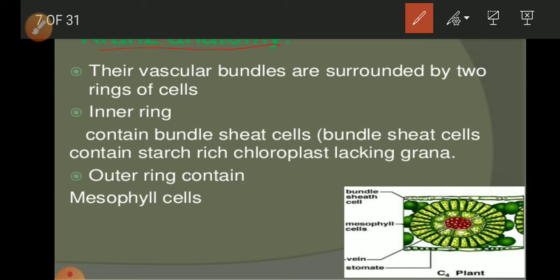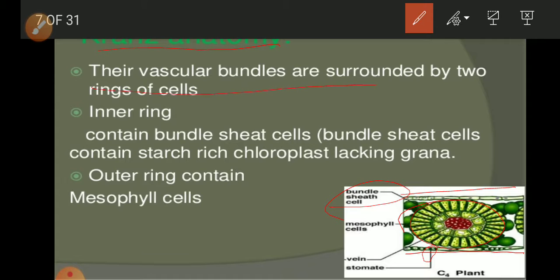Here you can see in the diagram the lower epidermis and upper epidermis, in which the stomata are present, and these are mesophyll cells. Now mesophyll cells are arranged in a circular structure, and in this circular structure bundle sheath cells are present.